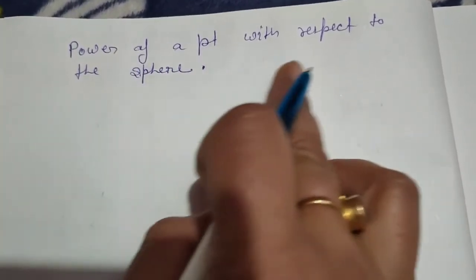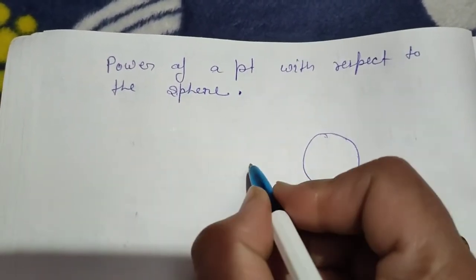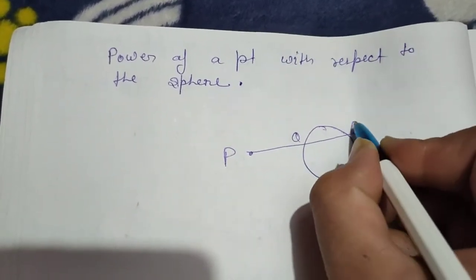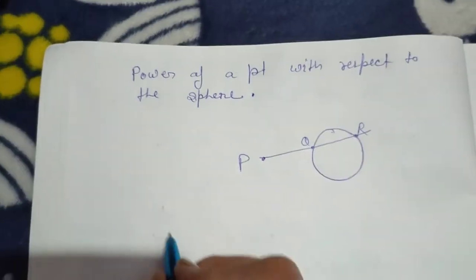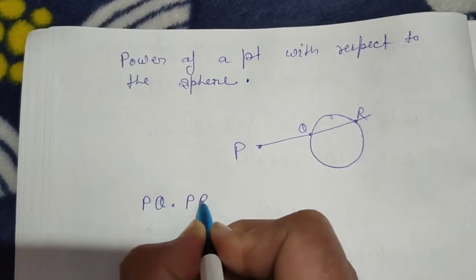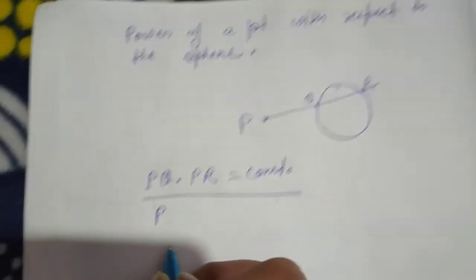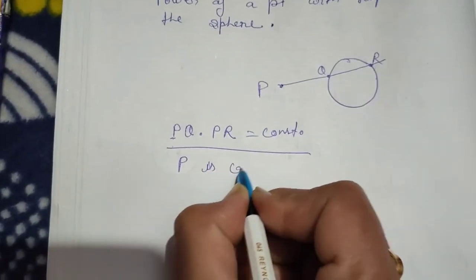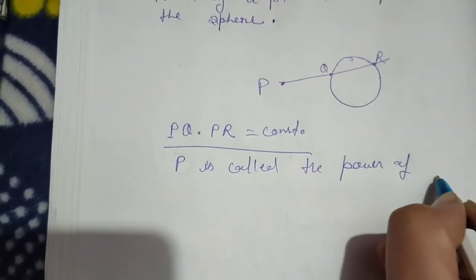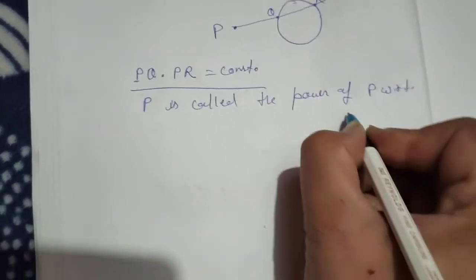Now, power of a point with respect to sphere. If a straight line drawn from P cuts the sphere at 2 points Q and R, then the product of distances PQ and PR is equal to a constant. Then this is called the power of point P with respect to the sphere.